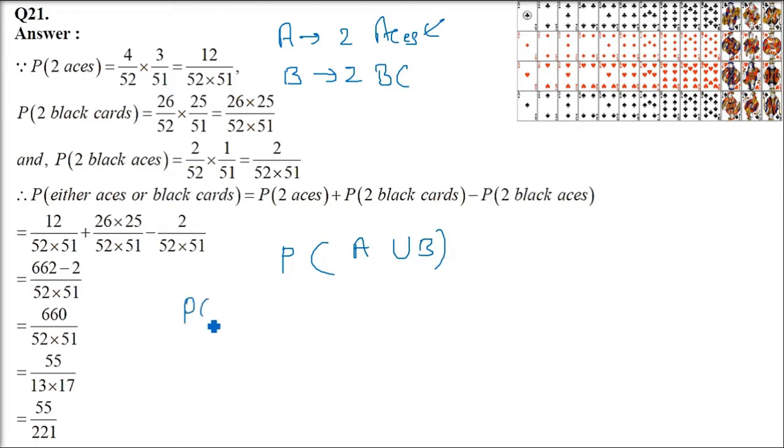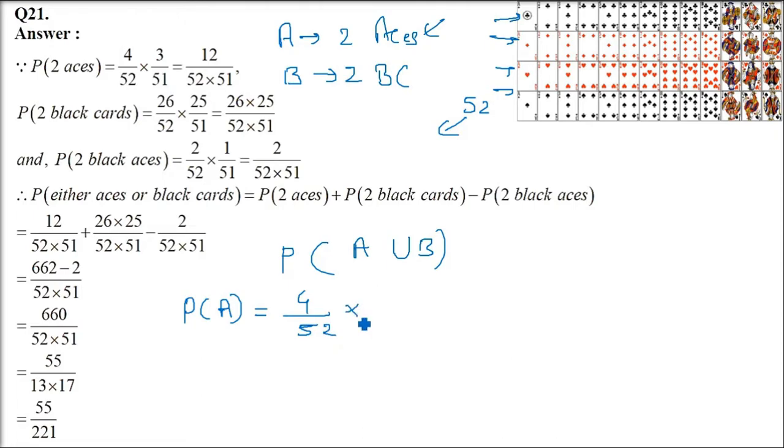Okay. So P A. So there are 52 cards. When you picked up the first card, say the first ace you have picked up, there are 4 aces, and you have to pick 2. So 4 by 52.